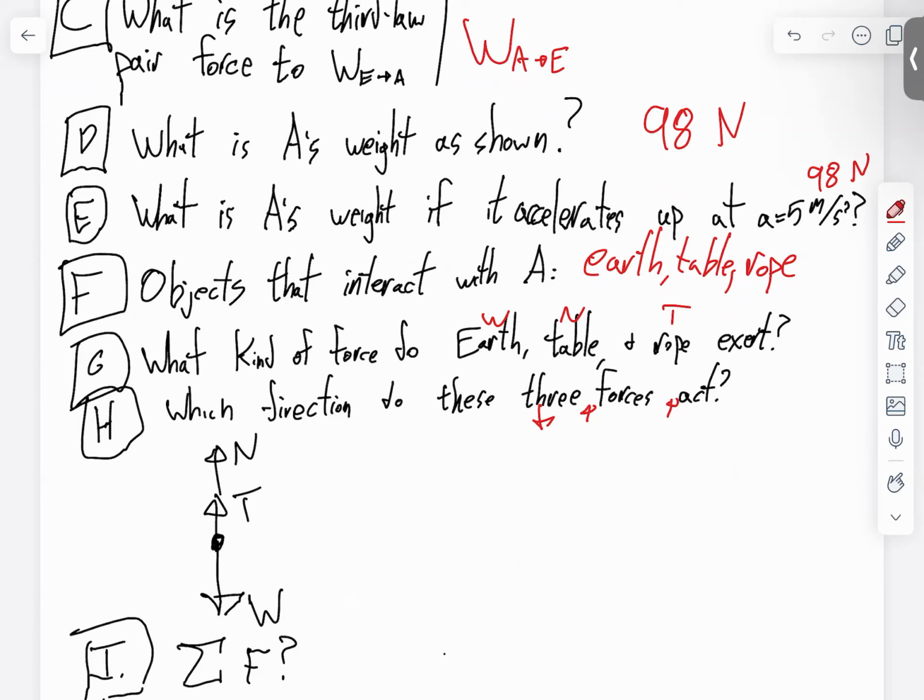Check your answer. If this is 500 and this is 500 and this is 200, your answers should compare with the correct answer of 800. Try plugging in T equals 500, N equals 500, W equals 200. Is your answer 800? Double check yourself.